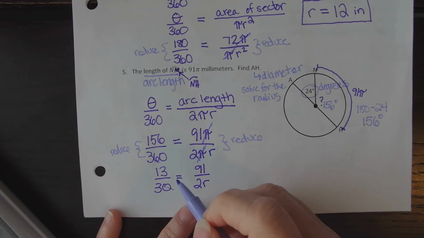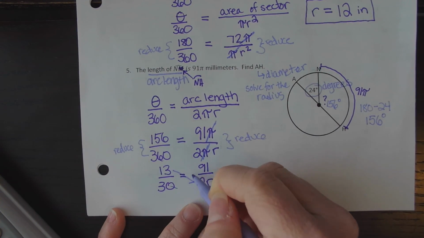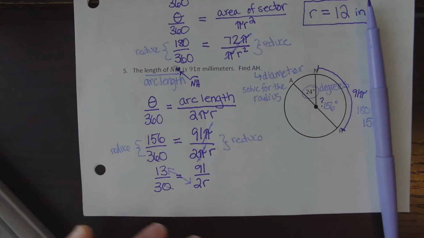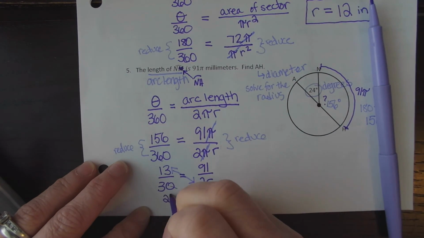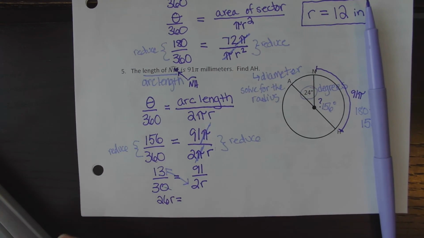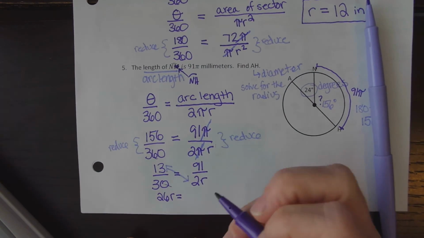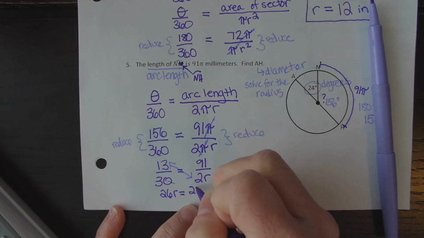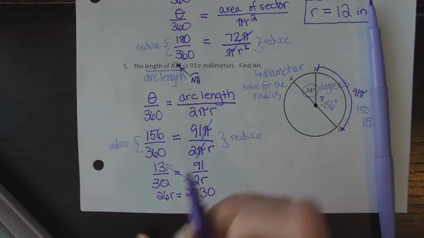And then I'm going to cross multiply. 13 times 2 is 26. So I get 26r is equal to, and then 91 times 30, I'm doing that on my calculator, 2,730.